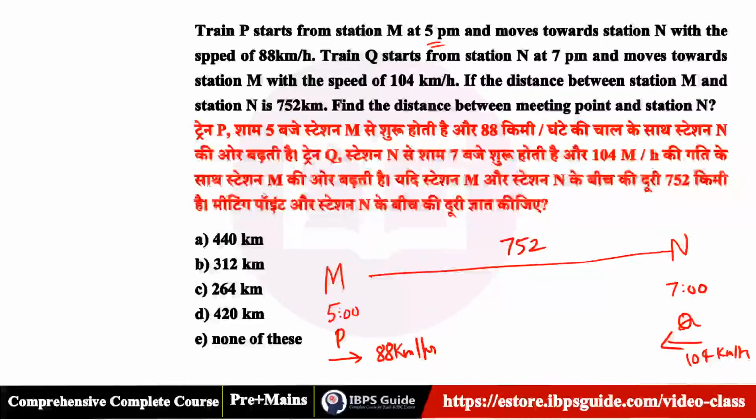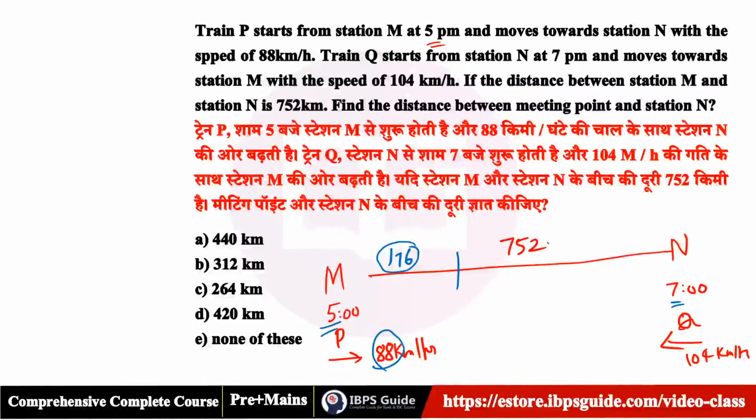Okay guys, so the time must be the same to get the answer to the question. If you're talking about 5 am, it cannot be 5 am, but it can be 7 am. So let's move for 2 hours. 88 kilometer in 2 hours. 88 into 2 is 176. So you have covered 176 kilometer.